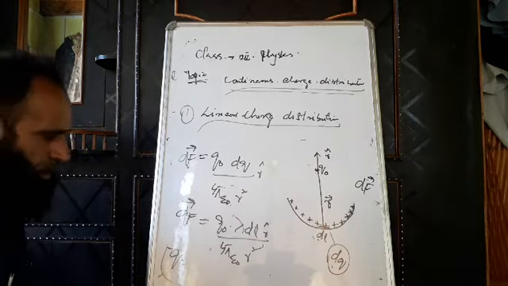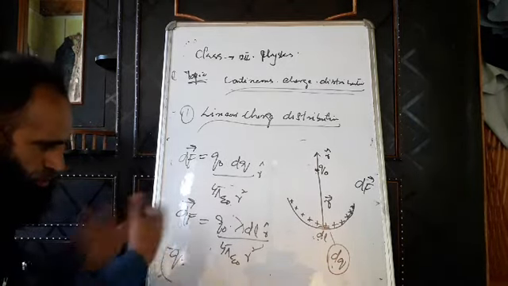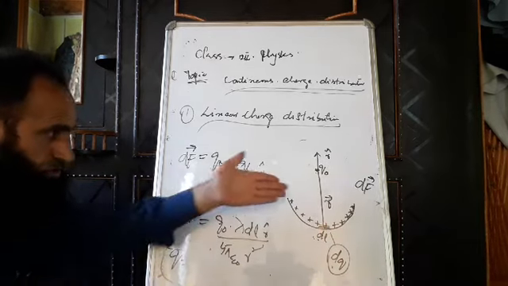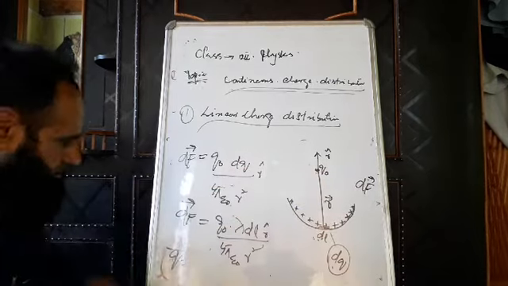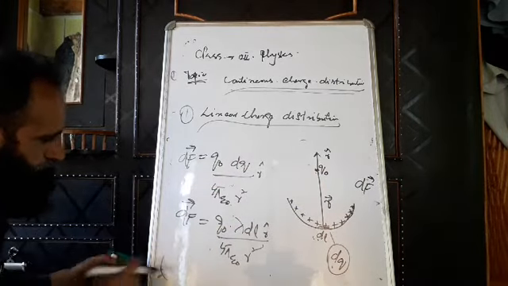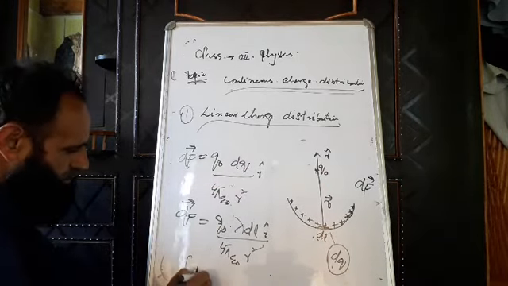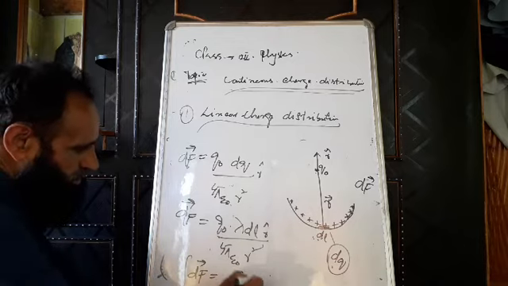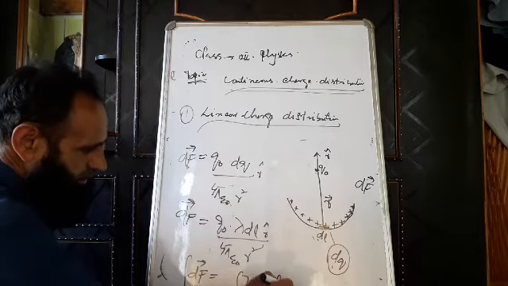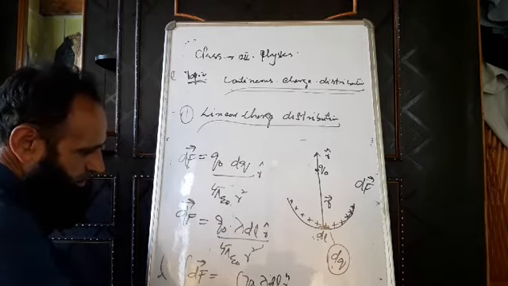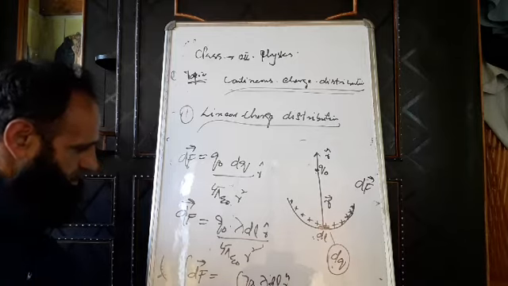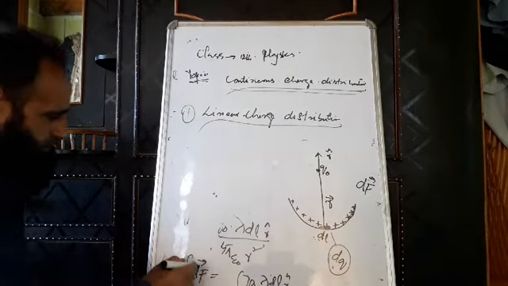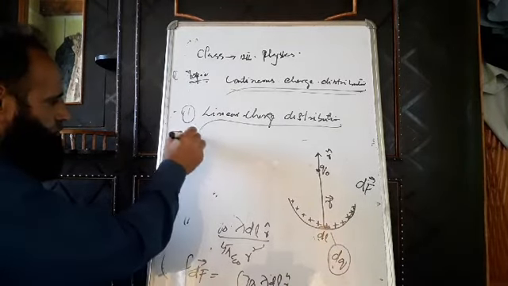Now we may integrate to get the total force between this charge and the line. The total force is equal to the integral of q naught lambda dl r cap divided by 4 pi epsilon naught r square.